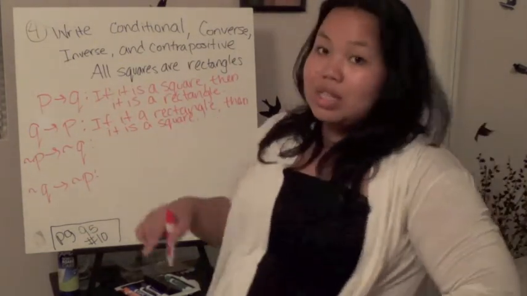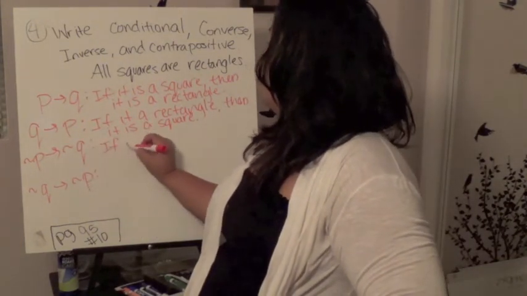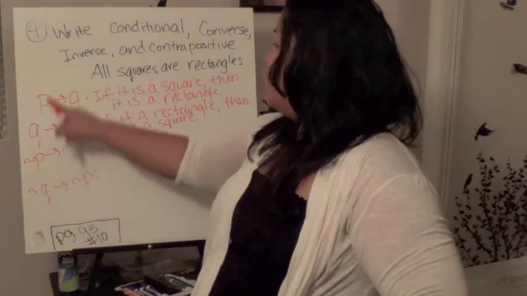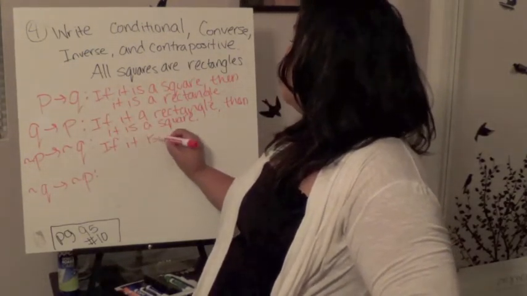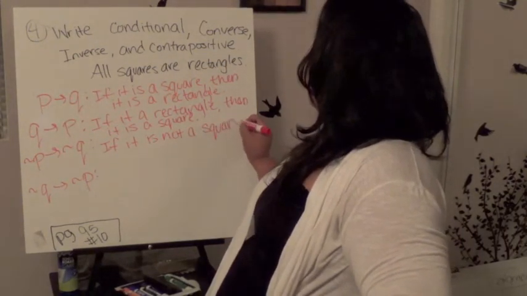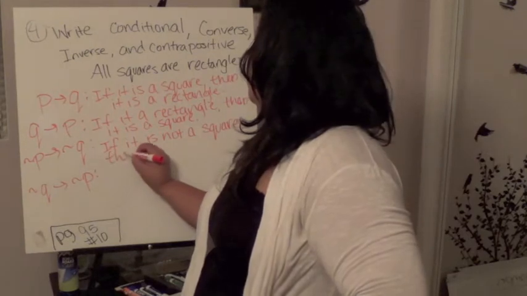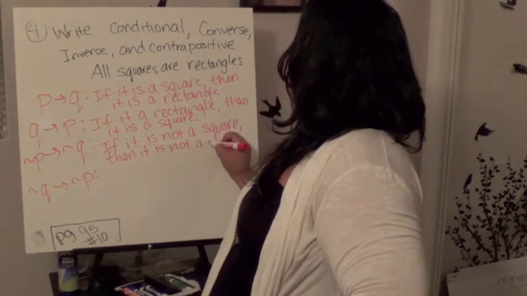So just because you're writing the statement doesn't mean that it's true. And this one, remember this is not, we're going to do the same thing as the first sentence, but we're going to put not. If it is not a square, then it is not a rectangle.